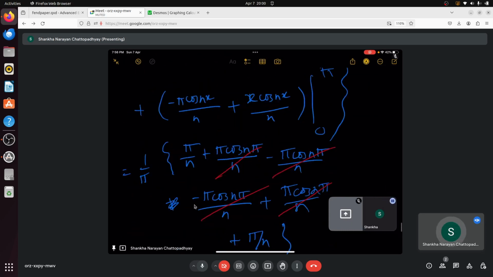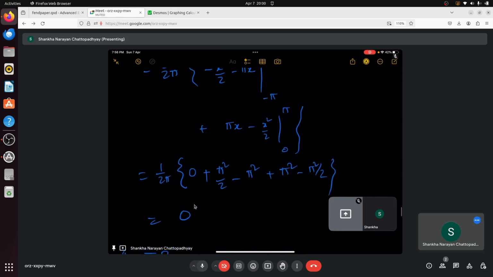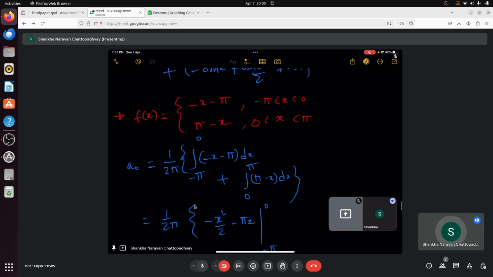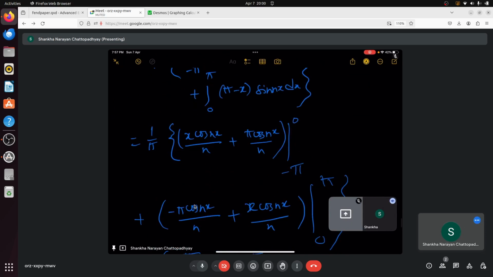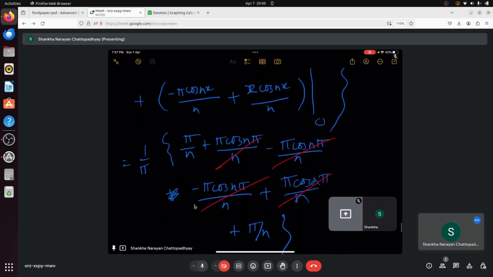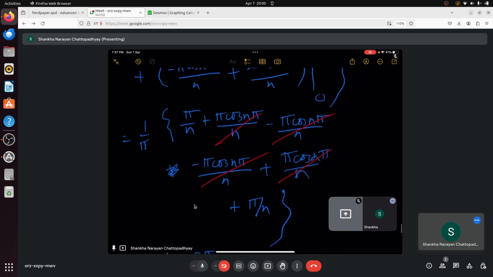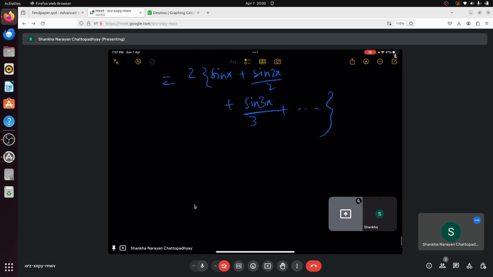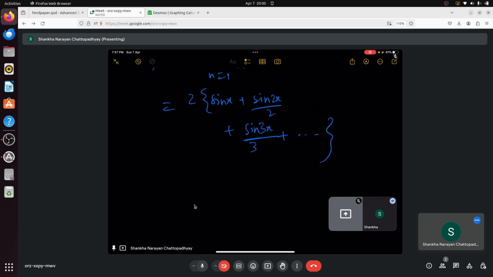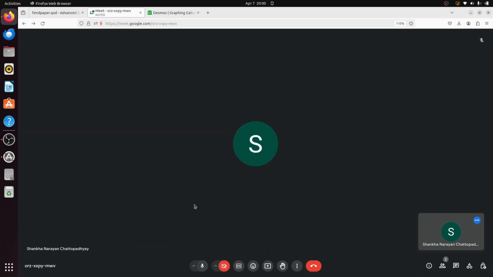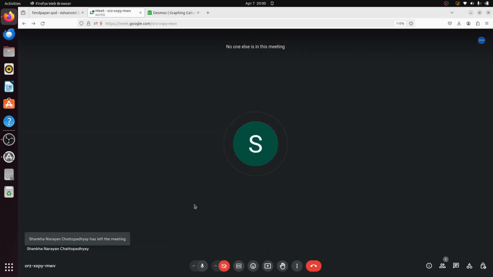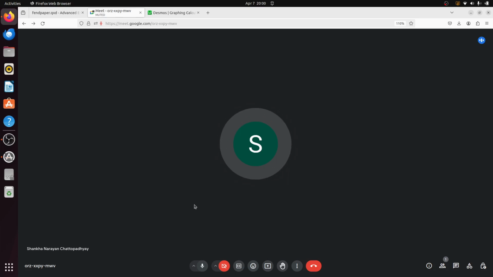So this was the function, and we have determined the Fourier series expansion of this function. Okay, so we have solved this one.